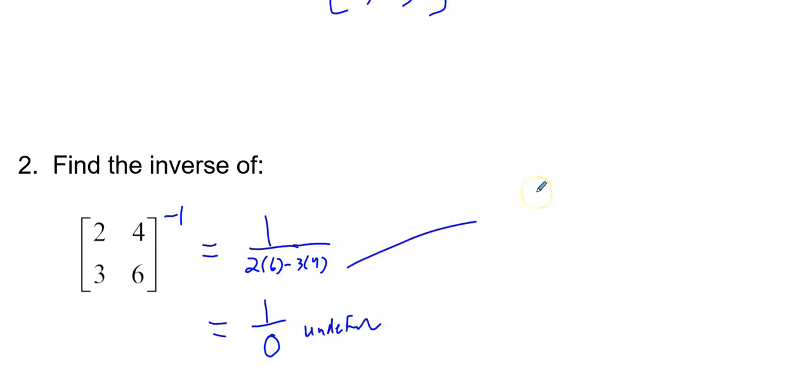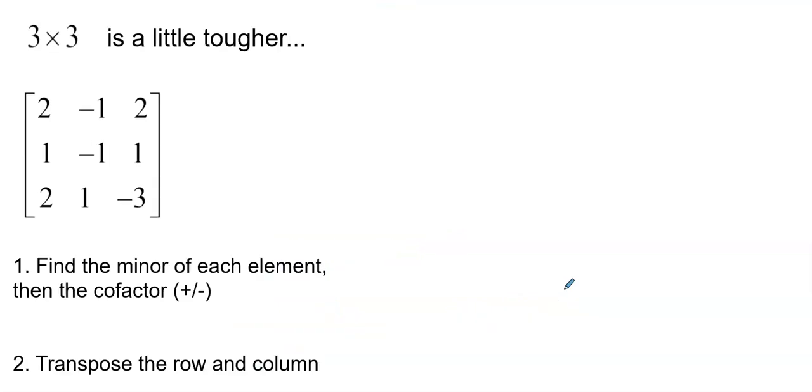So here we're learning something. There is no inverse here. So not all matrices, not even all square matrices, it has to be square matrices, have an inverse. So be careful of that. There are some that just don't have an inverse, and this one doesn't have an inverse.